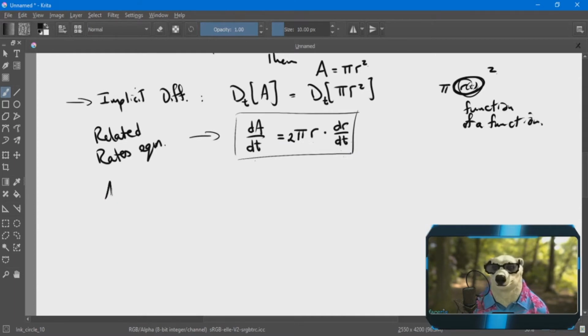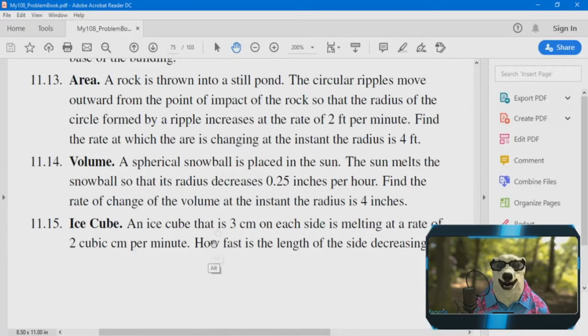So at some point in time, even though these things are changing individually, they're connected in some way. At some point in time, we're given some stuff. Now I look back at the question, we're given that the radius increases at a rate of 2 feet per minute.